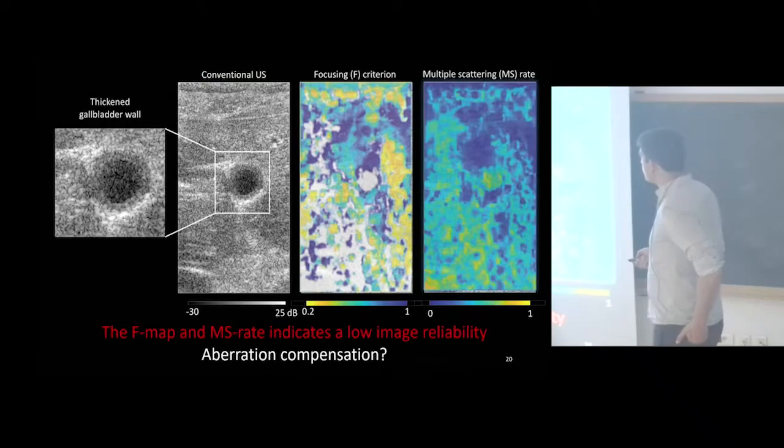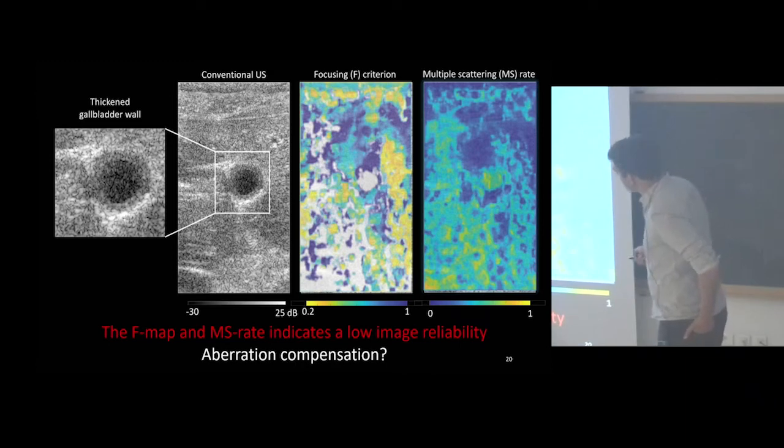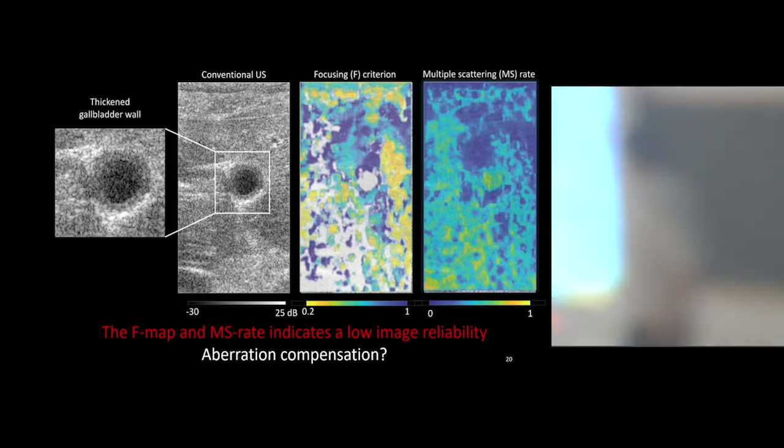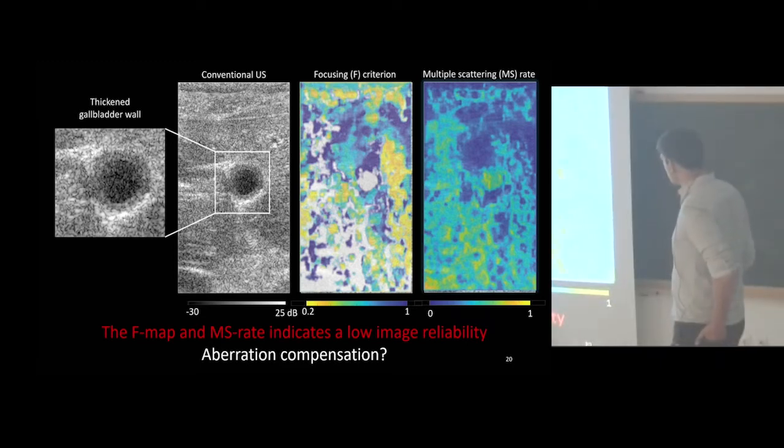And on the focusing criterion, you see there are white areas. These are areas where multiple scattering is so intense that you cannot see clearly a single scattering contribution, and so you cannot assess the focusing quality. But by looking at the ratio between the single scattering component and the multiple scattering component, you can retrieve a multiple scattering rate, between 0 and 1.